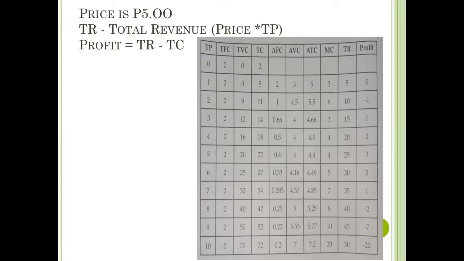AFC is our average fixed cost. AVC is our average variable cost, and MC is our marginal cost. TR is our total revenue and our profit.